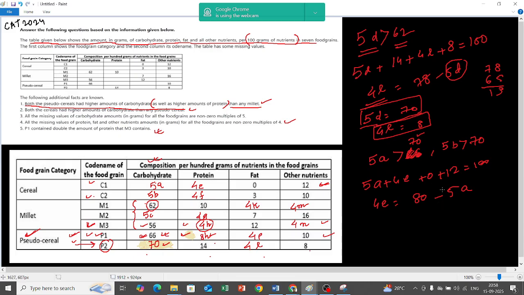Tell me a multiple of 5 which is greater than 70, and on subtracting from 88 we should get a multiple of 4. 100 minus 12 is 88. Can you tell me quickly, please tell me?